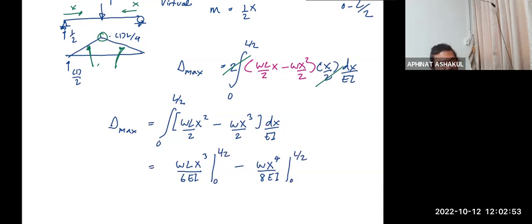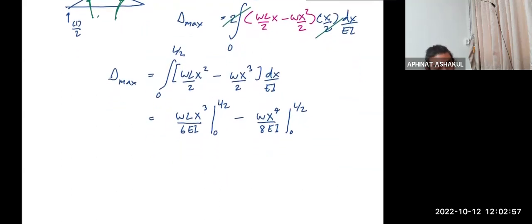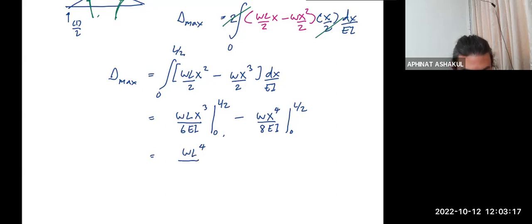I can easily make some mistakes here as well. Because the second term is 0, so it should be easy enough. This becomes WL to the power of 4, but you have 2 to the power of 3, that's 8. 8 multiplied by 6, so that's 48, right? Am I correct?